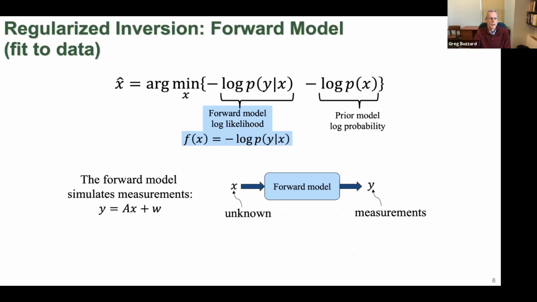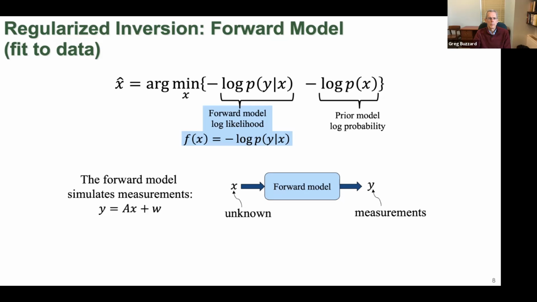Okay, so just to return a little bit to this regularized inversion model, we have our forward model of log likelihood. And this is often, especially in the case of CT or MRI or various other measurement schemes, pretty closely approximated by a linear measurement model plus noise, which maybe we think of as Gaussian noise, maybe we have some other kinds of noise depending on the circumstances, but we have this to good approximation.